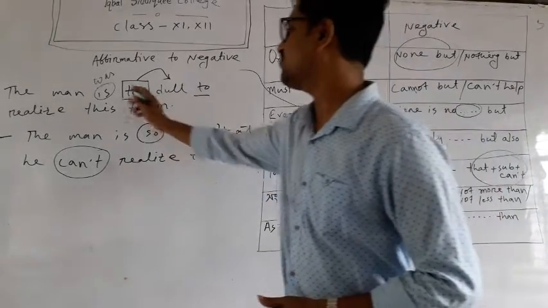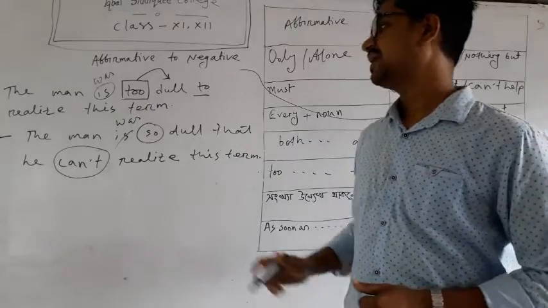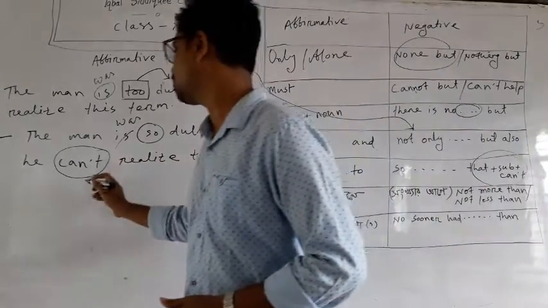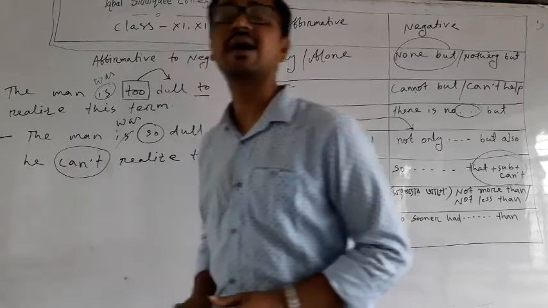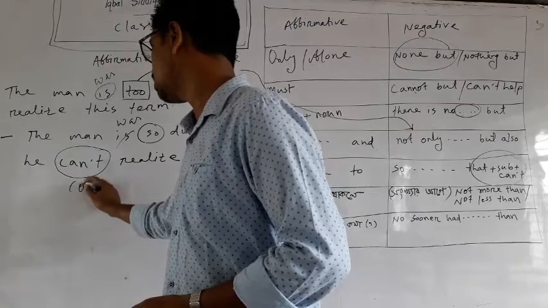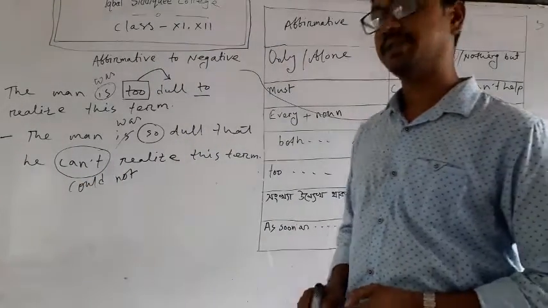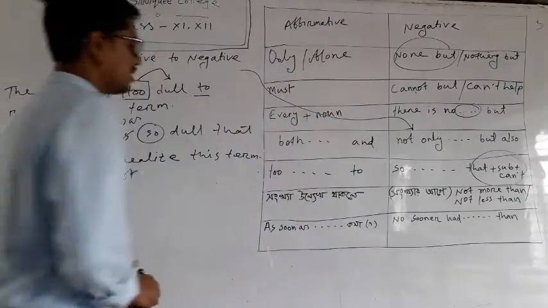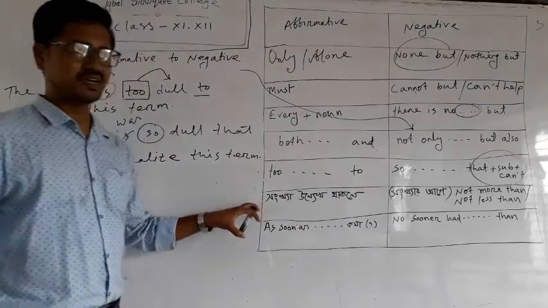Yes, students, if this verb was a past verb, you must make this verb a past verb as well. So what is the past form of "can"? Obviously "could". So here it would be "could not". Mind it.